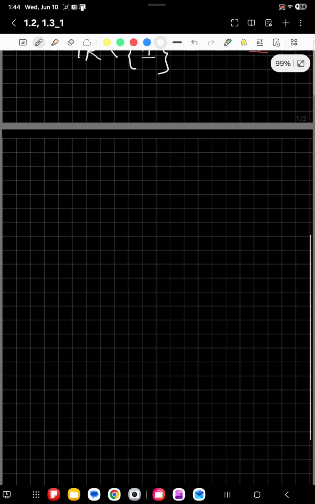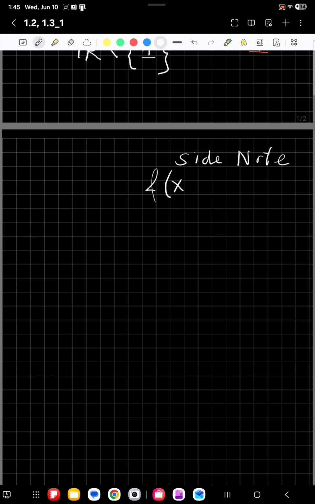So let me give you another example quickly with this particular notation. Okay, so say if I had a function like this. So this is like a side note. Let's say I have something like this. So f of x equals, I have 1 on the top, and at the bottom I have x squared minus 4. Okay, so in this case, if I wanted to figure out what the domain is, it would be the same thing, right?